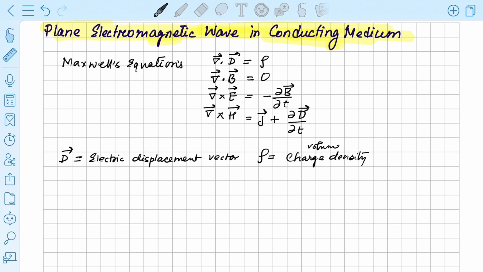Volume charge density. Then this B is magnetic induction, and this E is the electric field vector, electric field intensity.